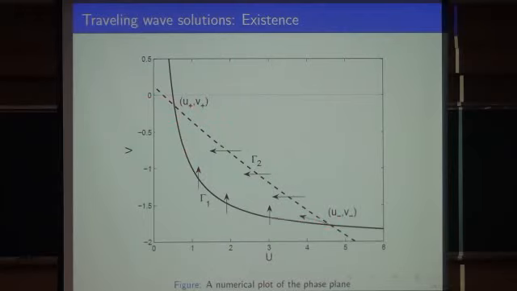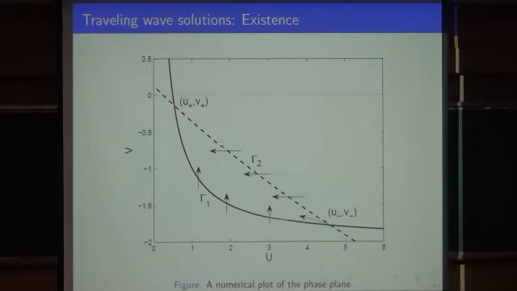We proved that the unstable manifold of this saddle lies inside here. Basically, the slope of this is between the slope of this and the slope of that, so this unstable manifold gets into this region, and there is no way it can get out.